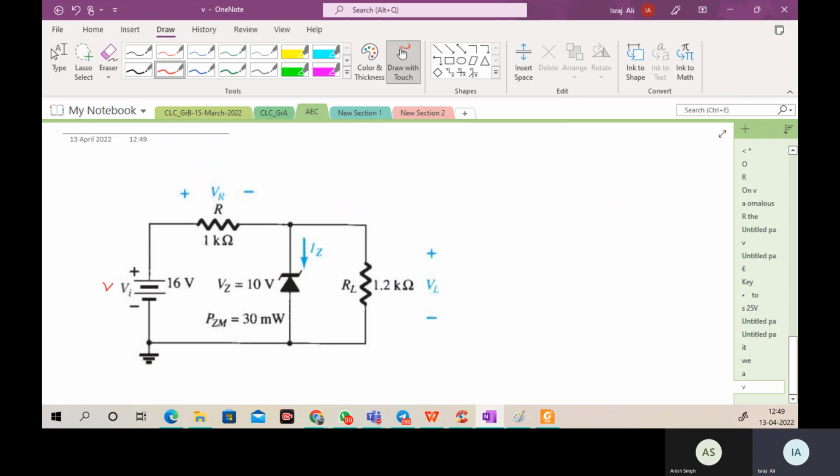Yes, madam, can you please stand up? Can I say the RL is fixed? Yes, RL is fixed. RL is fixed or variable? Why are you saying that?